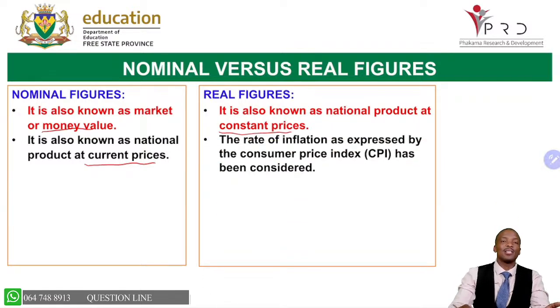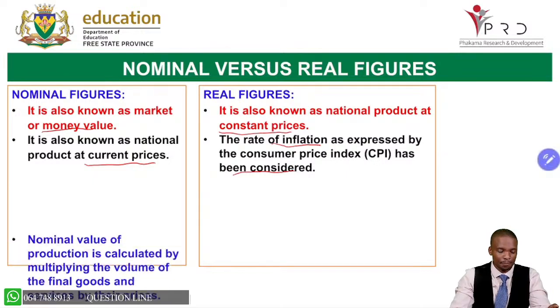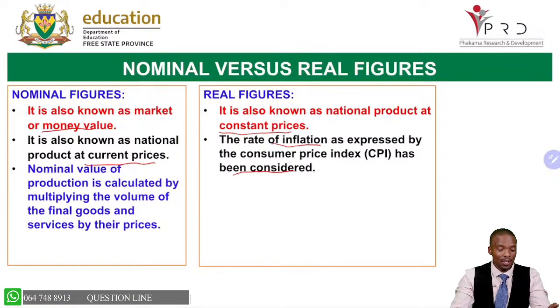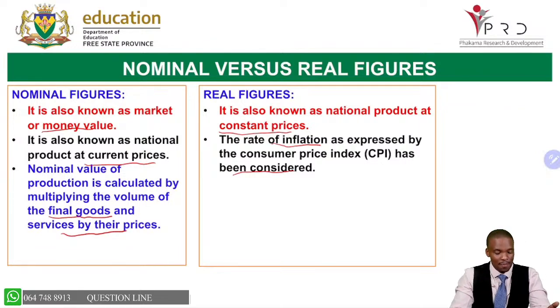But let us understand. The constant prices are the prices where inflation or the rate of inflation has been taken into account, or has been considered for that matter. While on the other one, the nominal value of production is calculated by multiplying the volume of the final goods and services by their price.